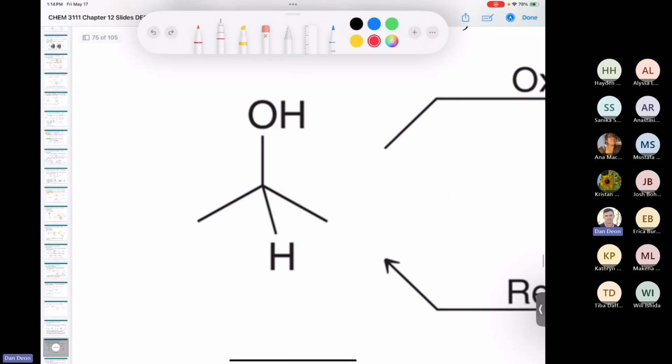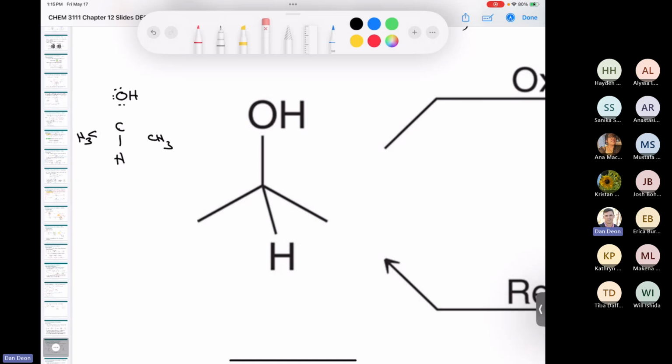If we take a look at this compound, if I redraw it here, we have a bond between carbon and oxygen, then a bond to a methyl group, another bond to a methyl group, and then a bond to a proton. So remember, we break these bonds heterolytically. If we break the one between carbon and oxygen, oxygen takes the electrons.